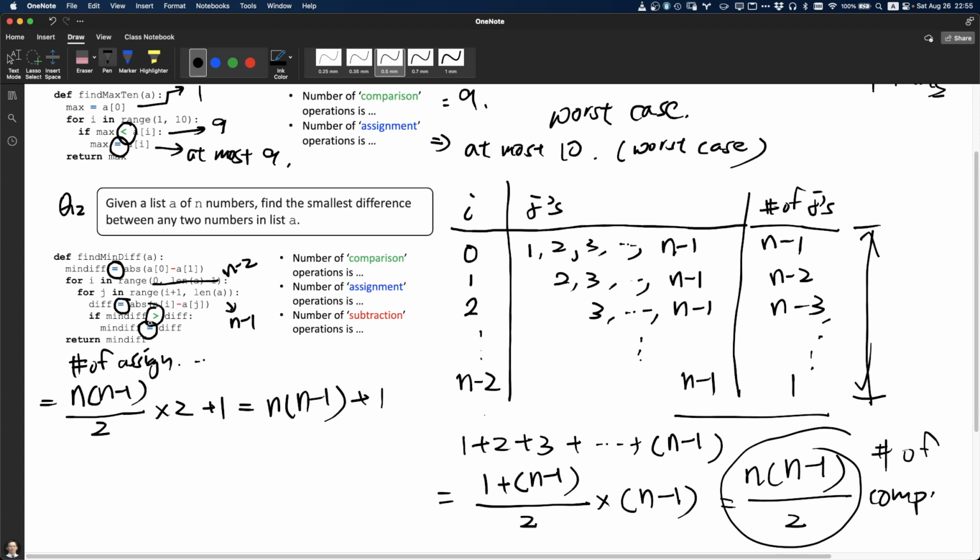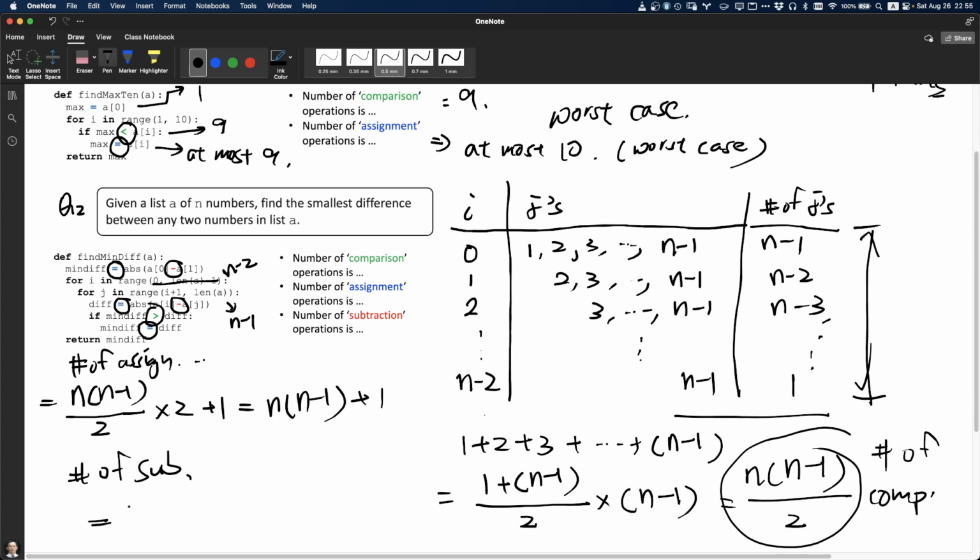Finally, the subtraction. So a subtraction happens over here. For sure, for every j value, there will be one subtraction, and there's one more subtraction that's outside. So it's going to be total numbers of comparison plus 1. So for numbers of subtractions, it's very similar to numbers of comparison.